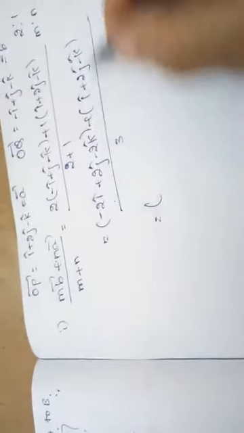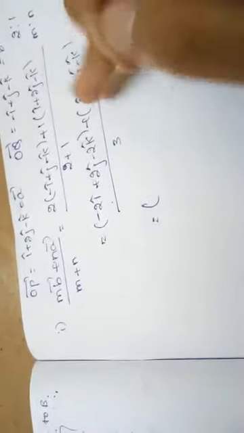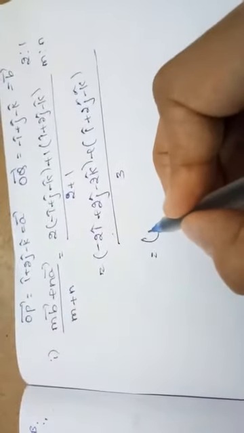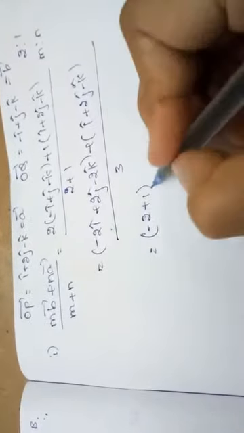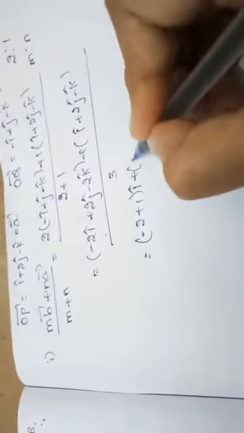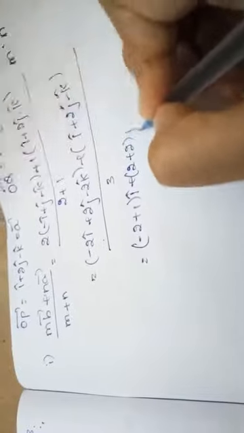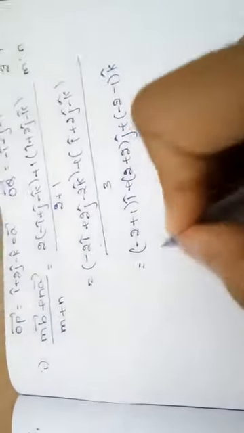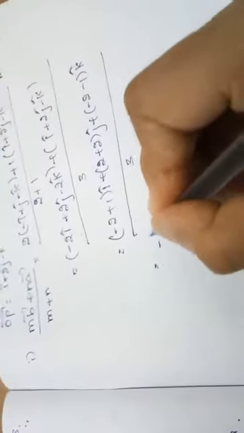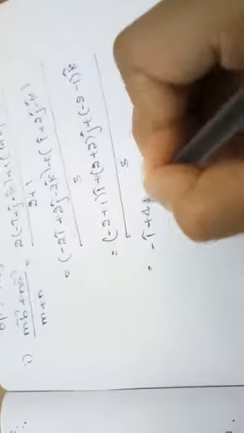In the numerator it is the addition of two vectors, so we add the corresponding scalar components of the two vectors: minus 2 plus 1 i cap plus 2 plus 2 j cap plus minus 2 minus 1 k cap, divided by 3. It is nothing but minus i cap plus 4j cap minus 3k cap divided by 3.